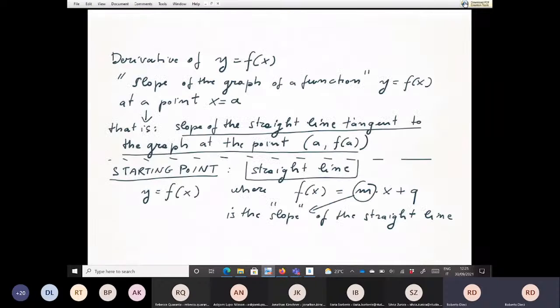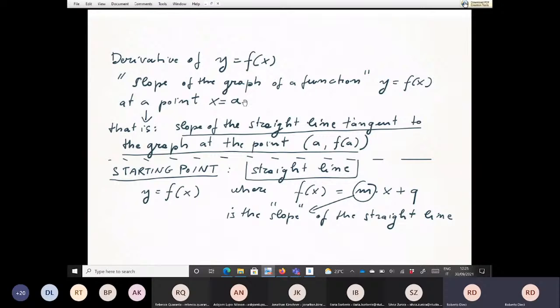Very quickly, the derivative of a function can be defined as the slope of the graph of a function y equal to f of x at a given point x equal to a. I will denote this as a, any point, but it is fixed in our problem. We want to measure the slope of the graph of the function at a given point.